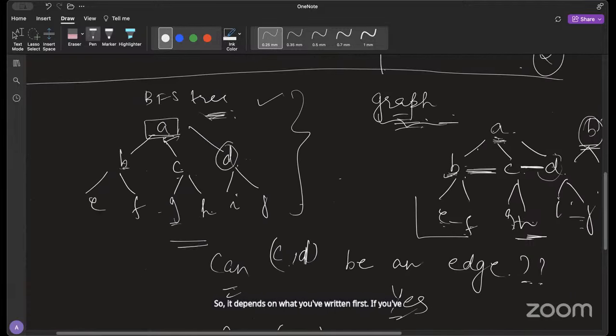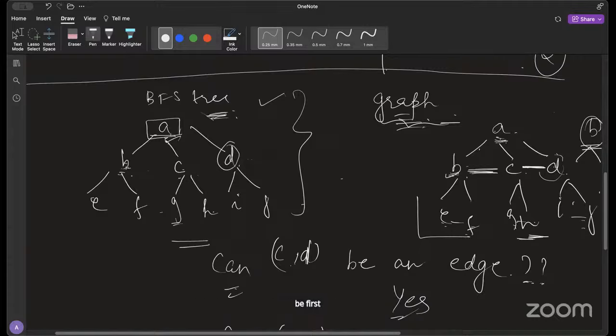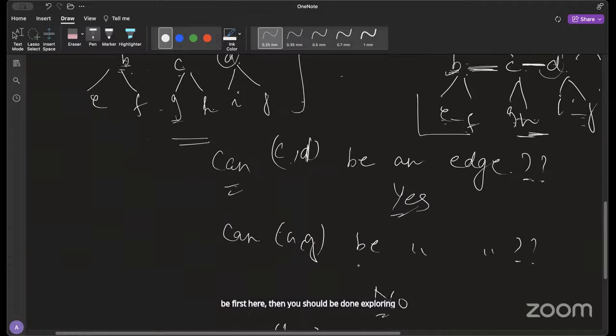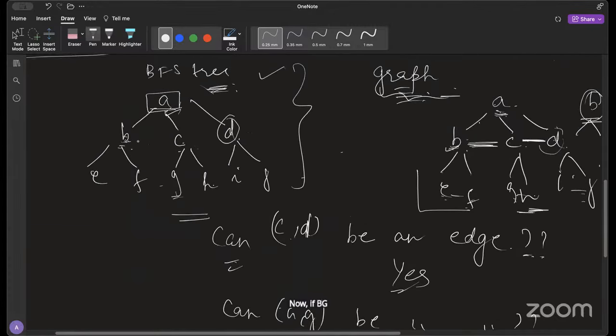If you've written B first, you should be done exploring B first. Now, if BG was an edge, shouldn't you be writing G here? You come to C only when you're done with B. So this should not be an edge, right?